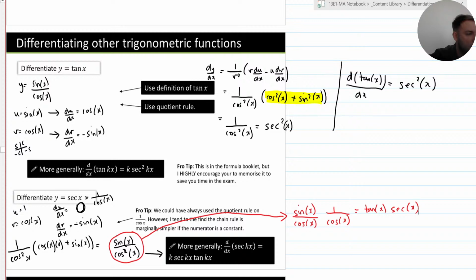And we can write this. We know that sine over cos is equal to tan of x. And we also know that 1 over cos is the sec, which we were talking about before, which gives us this here. The differential of sec kx is equal to k sec kx times by tan kx, which is what I've just proved there. All right.